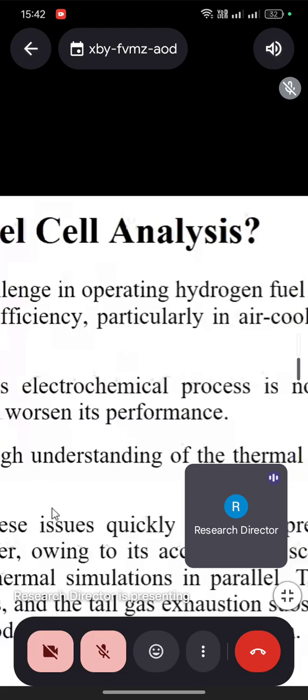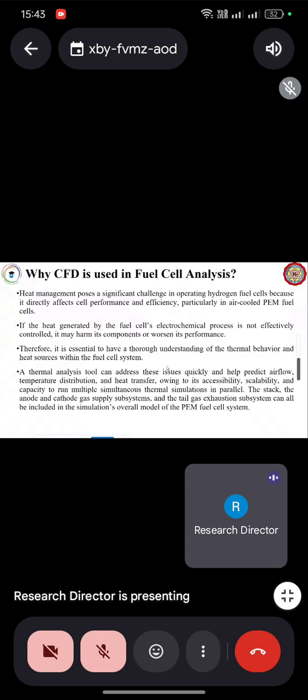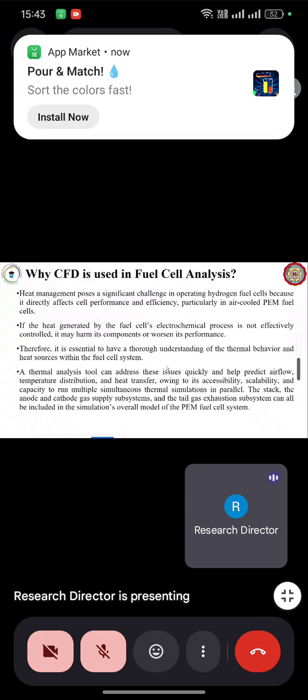Heat management poses a significant challenge in operating hydrogen fuel cells because it directly affects cell performance and efficiency, particularly in air-cooled proton exchange membrane fuel cells, as well as in hydrogen fuel cells. If the heat generated by the fuel cell's electrochemical process is not effectively controlled, it may harm its components or worsen its performance.